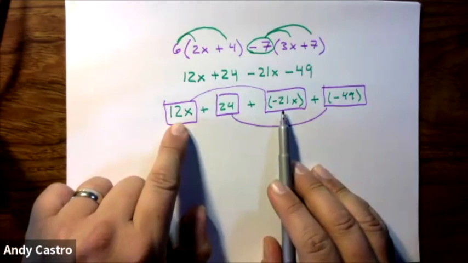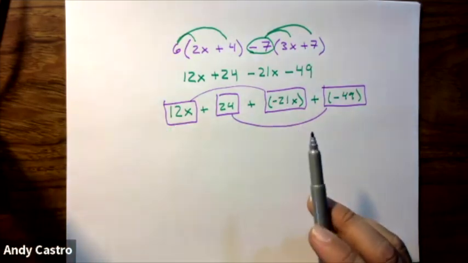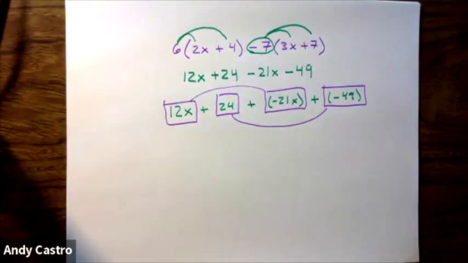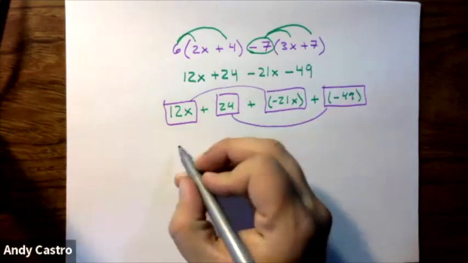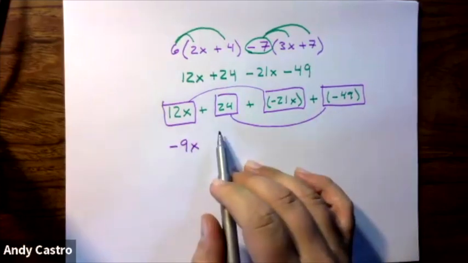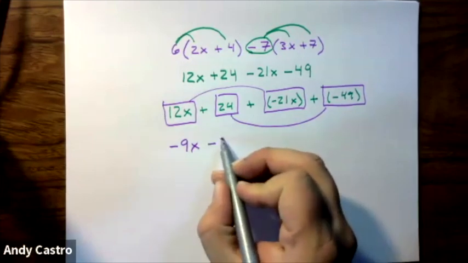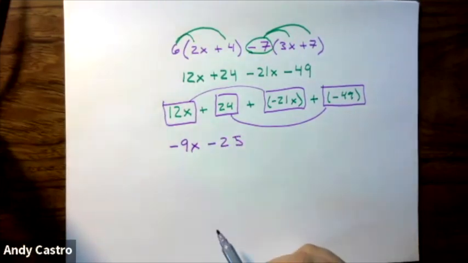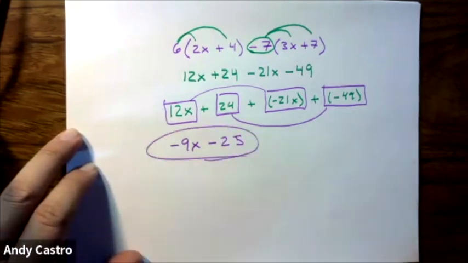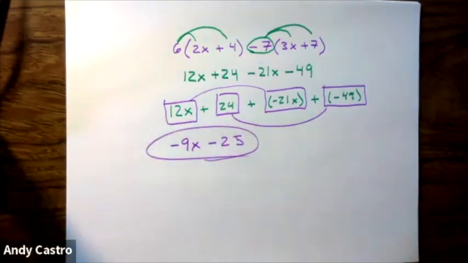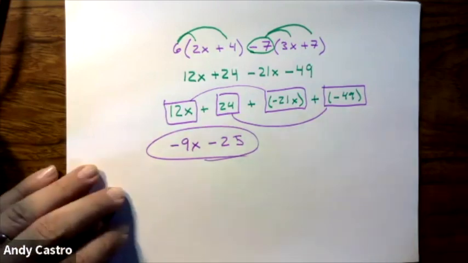So negative 21x and 12x combines. I got to think about that one. That gives me, let me see here. Negative 9x, and then 24, negative 49. That gives me negative 25. All right. And that is that combined. Negative 9x minus 25.